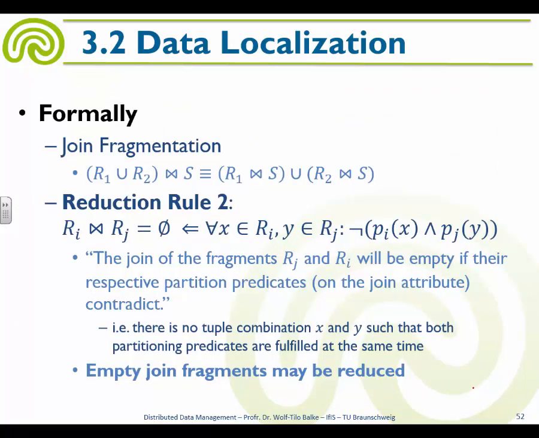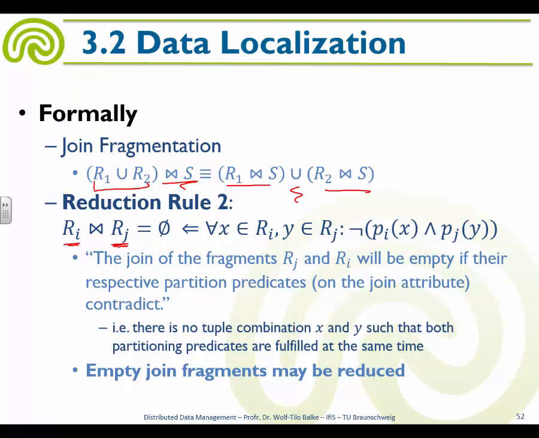Formally, join fragmentation. If I have a union of partitions and join something, I can do that small and join afterwards. First join the partitions, then join afterwards. Reduction rule: if I know that some partitions do not overlap by their splitting predicates, I know that the join results they will produce are empty.